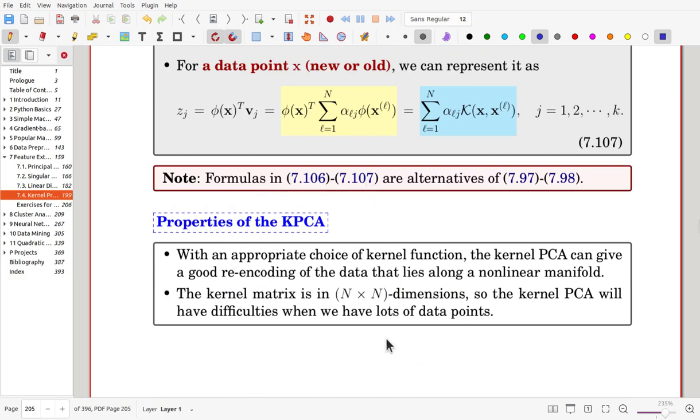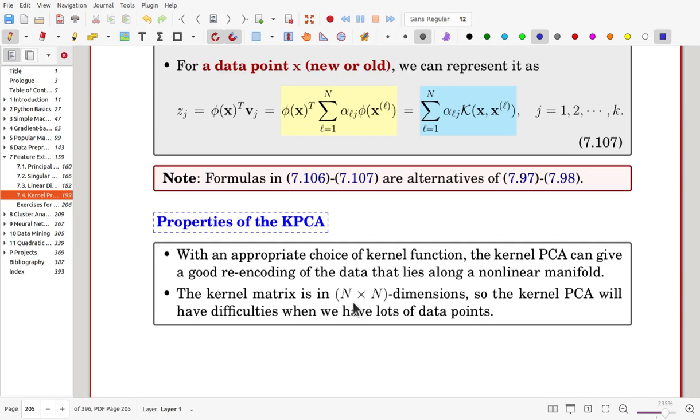Okay, with an appropriate choice of kernel function, the kernel PCA can give a good re-encoding of the data, so it will make a really good transformation. Also, the kernel matrix is n by n, where n is the number of data points, so the kernel PCA becomes difficult when we have lots of data points.